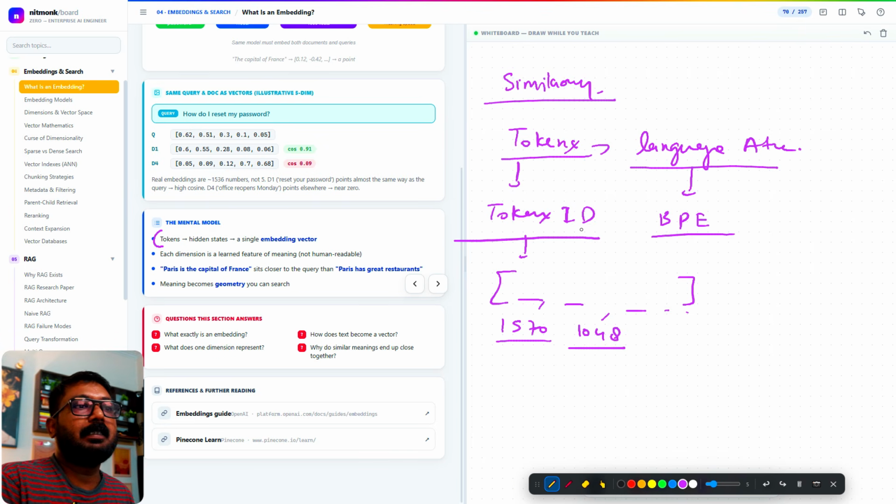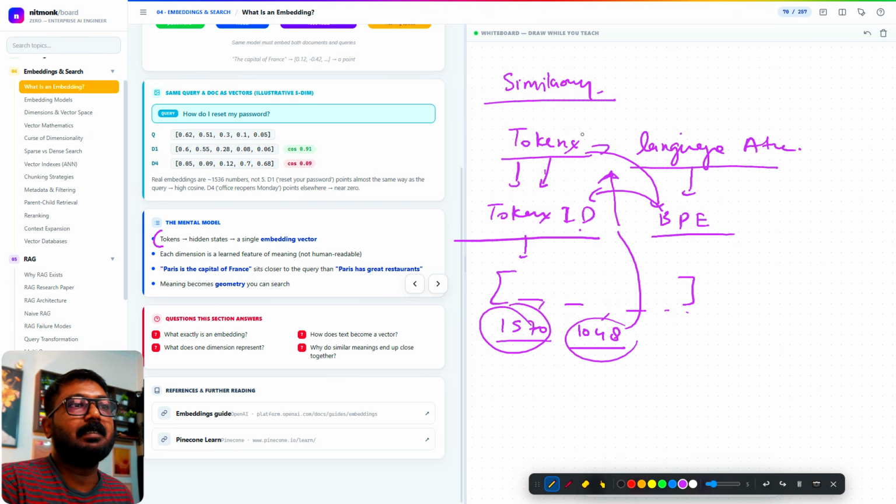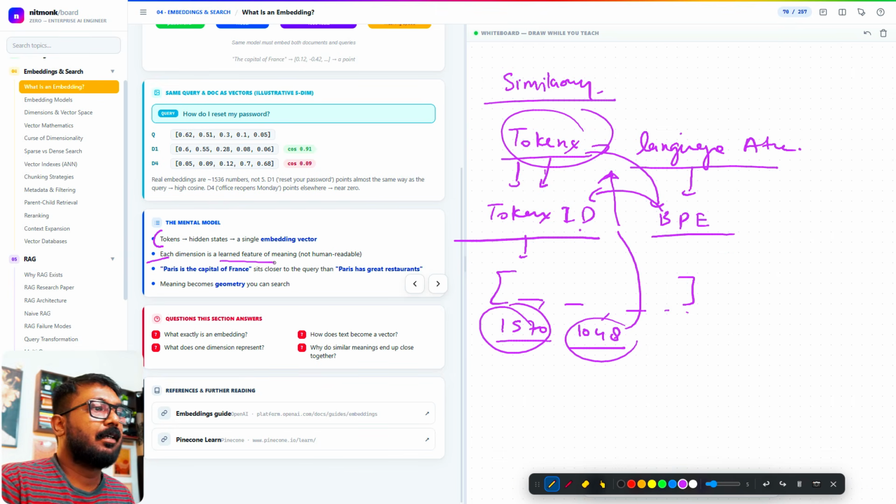These tokens, language atoms, come from byte pair encoding and sit in an array, for example, and that array has token IDs. With those token IDs, we try to find tokens, correct?